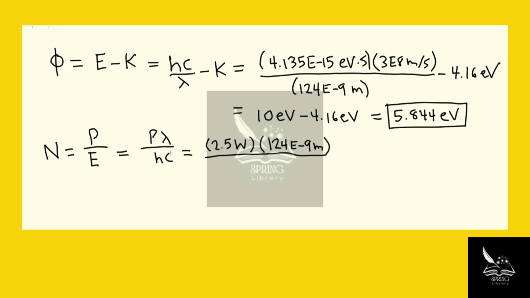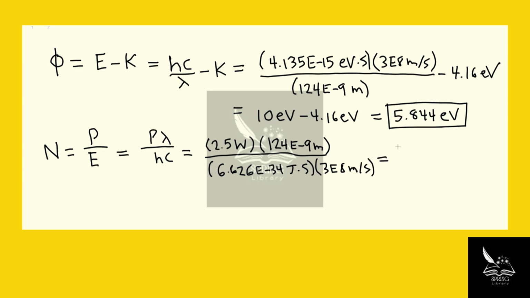And in this case, because we are given watts in joules per second, not electron volts per second, we have a watt defined as a joule per second. We have to use the Planck constant in joules, which in this form will be 6.626 e to the negative 34 joule seconds, times 3 e to the 8 meters per second.